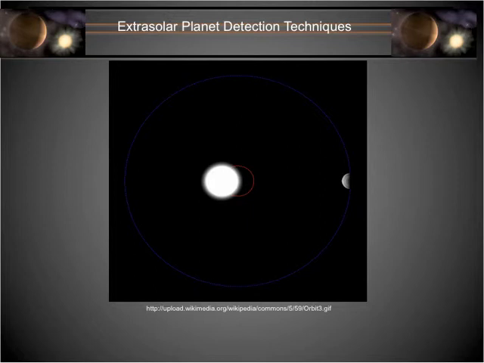This technique was one of the first techniques tried to detect extrasolar planets. And the unfortunate thing about it is that it really requires a very massive planet to create enough of a pull for us to notice any kind of wobble.